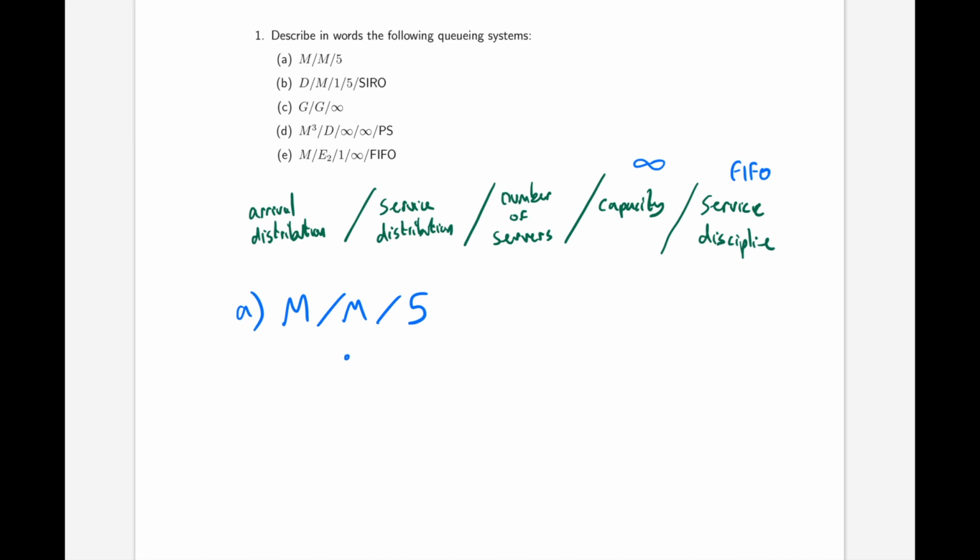This would be Markovian arrivals, also known as Poisson arrivals or exponentially distributed inter-arrival times. Markovian services, also known as exponentially distributed service times. 5 parallel servers.